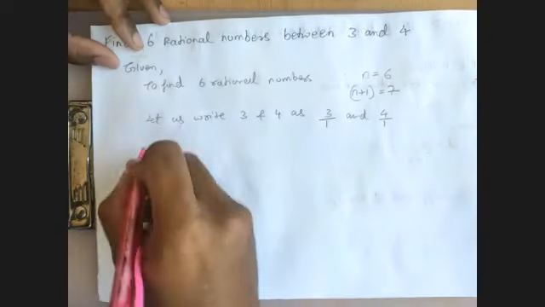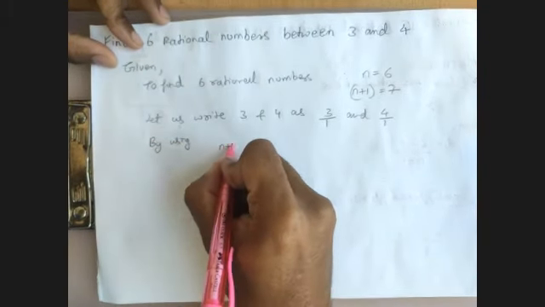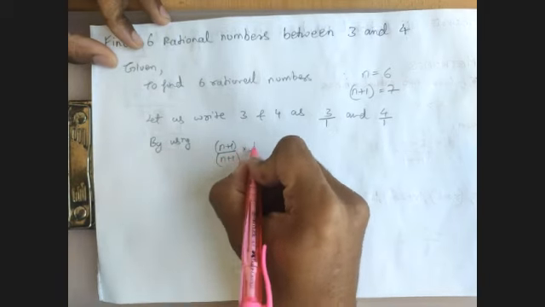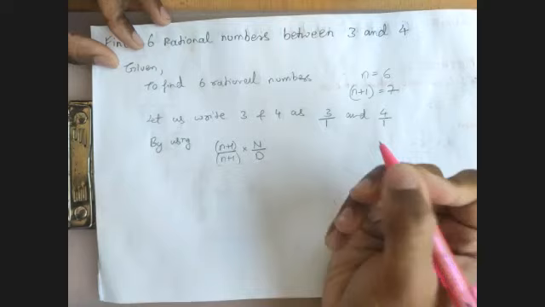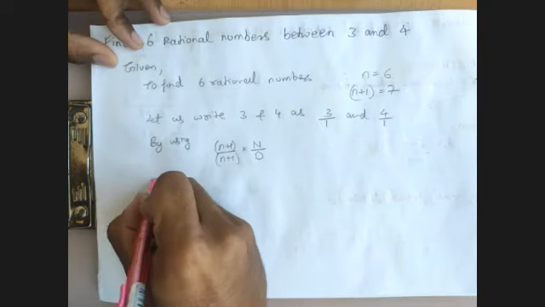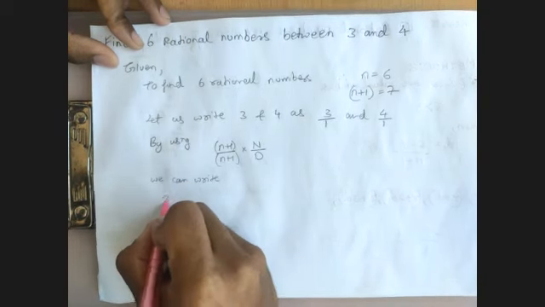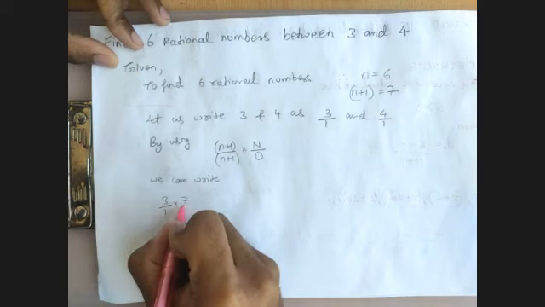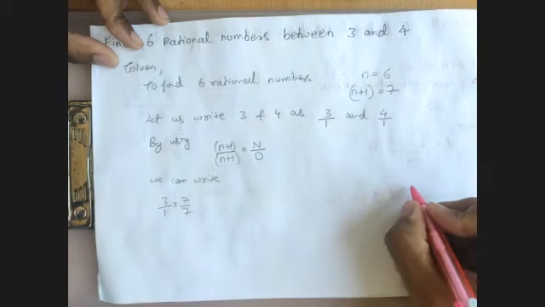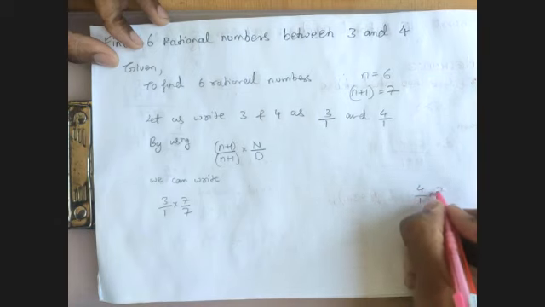So by using the formula, (n plus 1) by (n plus 1) into numerator by denominator, we can write 3 by 1 into 7 by 7 and 4 by 1 into 7 by 7.